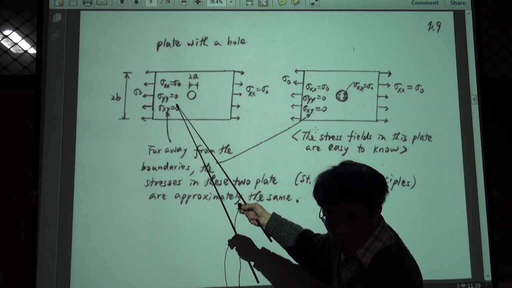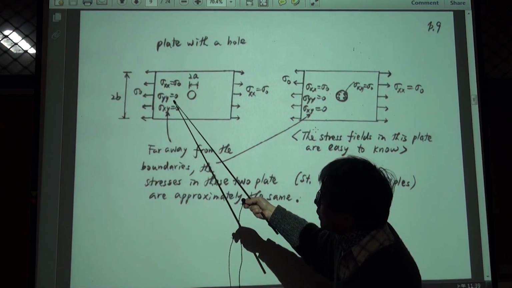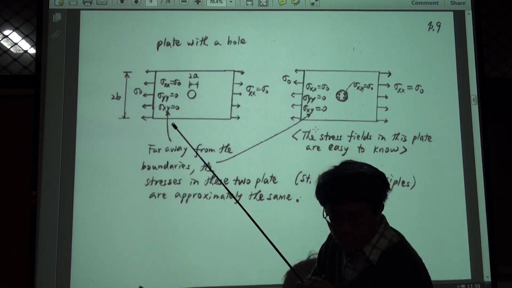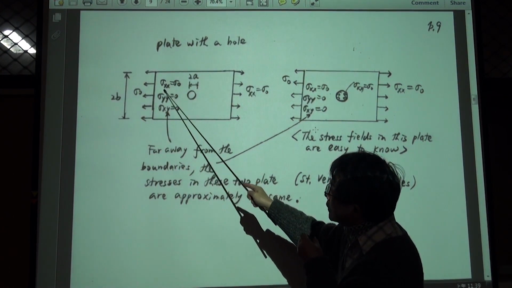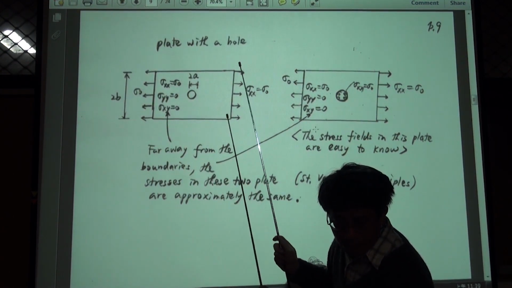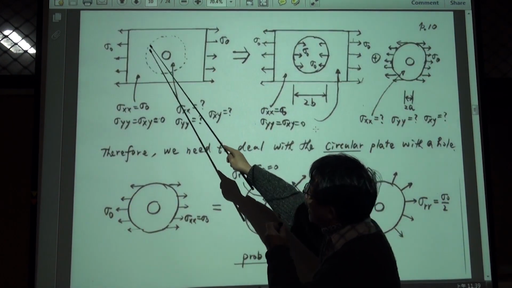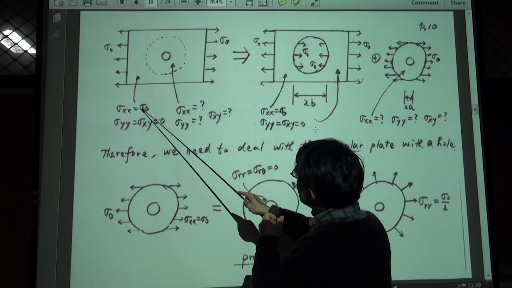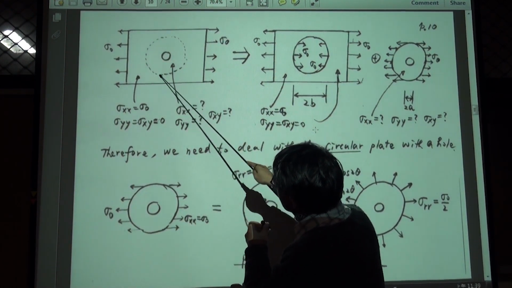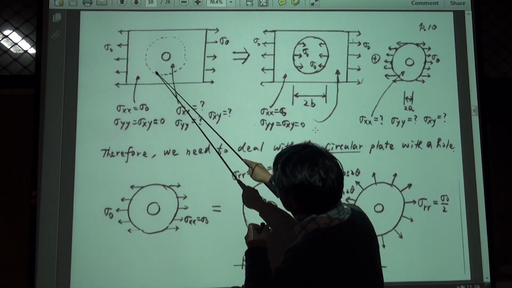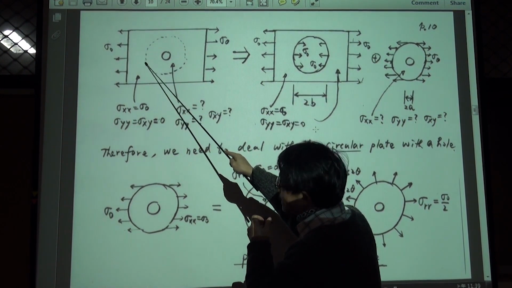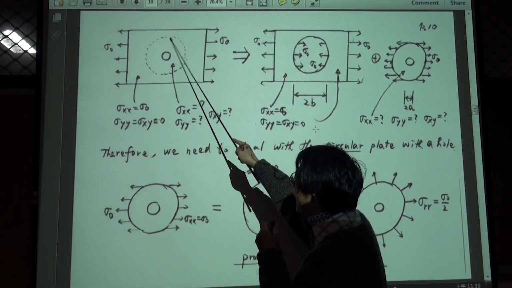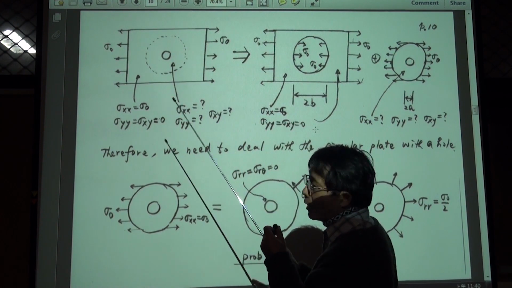So away from the little hole, the stress state is in simple tension. So along this circular boundary, the stress state is in simple tension too, because this circular boundary is far away from the little hole.